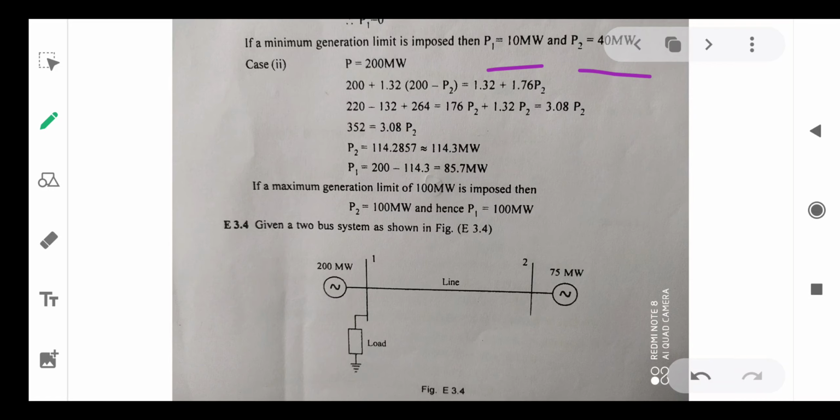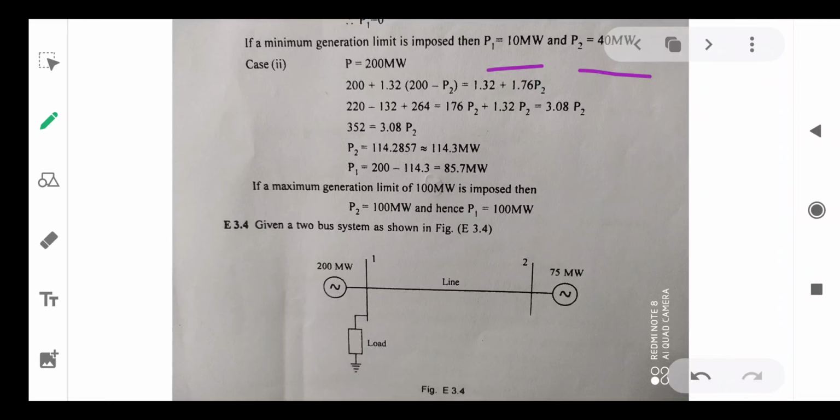Second case, case 2, PD is equal to 200. Therefore, P1 plus P2 is equal to 200 and IC1 equal to IC2. By solving these two equations, you will get P2 is equal to 114.3 megawatts, P1 is equal to 85.7 megawatts.